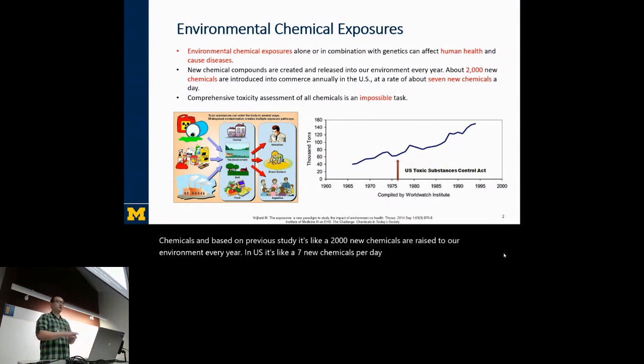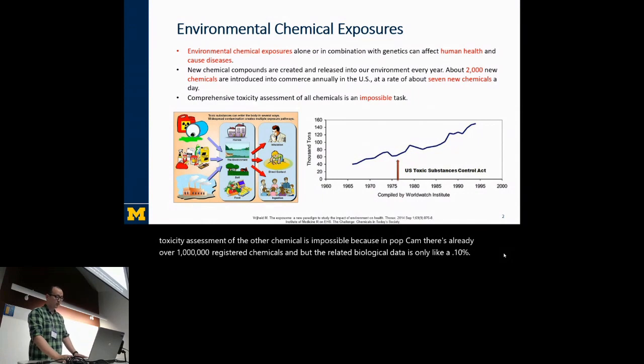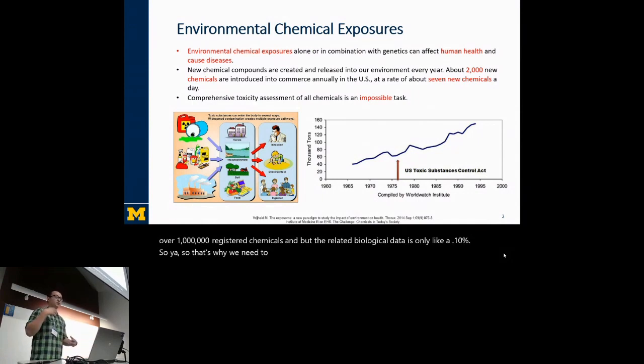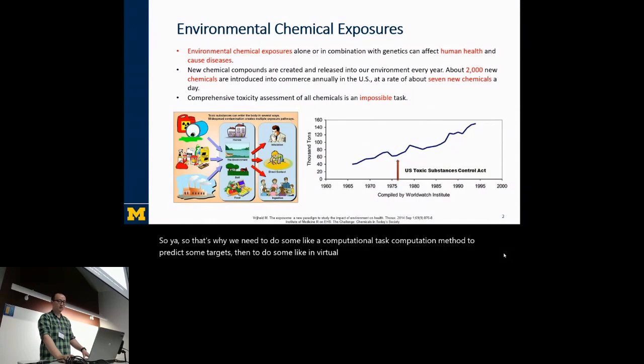And doing a comprehensive toxicity assessment of all the chemicals is impossible, because in PubChem there are already over 1 million registered chemicals, but the related biological data is only about 10%. So that's why we need a computational method to predict some targets, then do in vitro and in vivo validations.